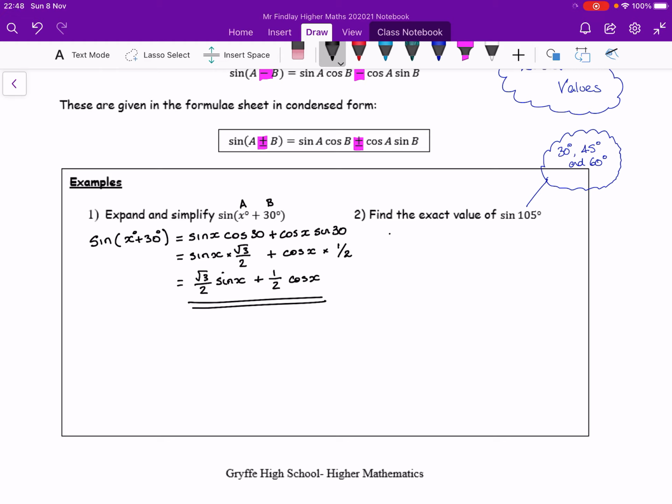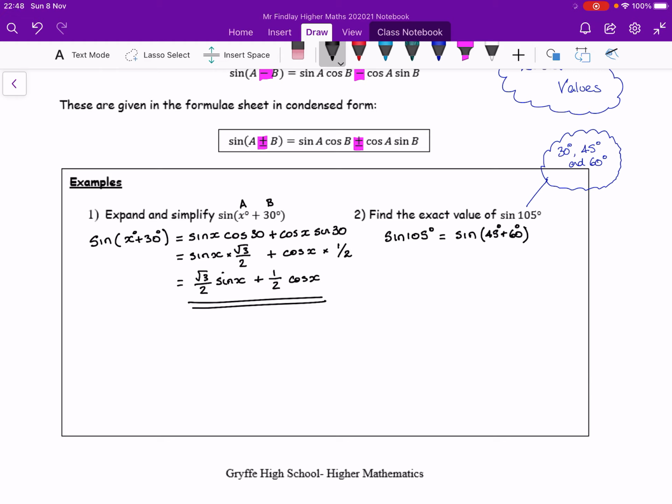What we mean by that is if I'm looking to find sine of 105 degrees without a calculator using exact values, then I can get a link. And my link is going to be using 45 and 60. I think we're all in agreement that 105 is equal to 45 plus 60.